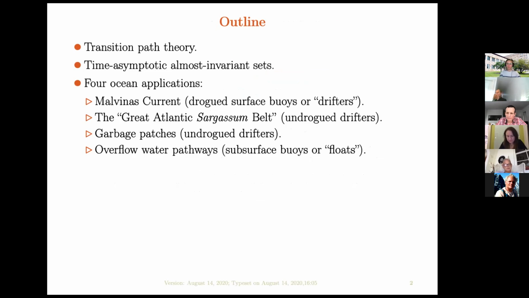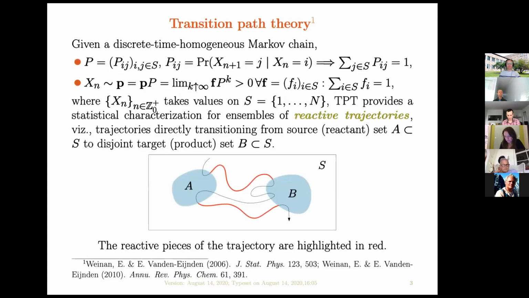I'm going to talk a little bit about time-asymptotic almost invariant sets, and time permitting, I'll try to cover examples with actual data in the ocean: the Malvinas current, the Great Atlantic Sargassum Belt, which has been of interest to us lately, garbage patches, Gary, I guess he's familiar with that from work he's done, and deep ocean circulation things.